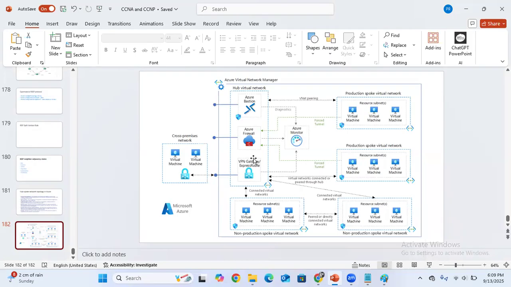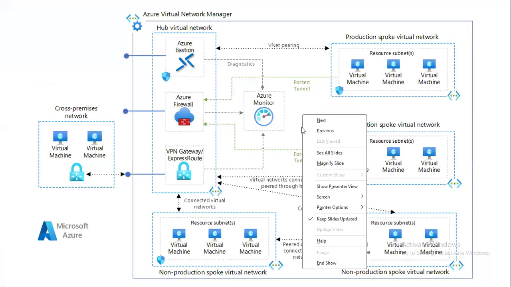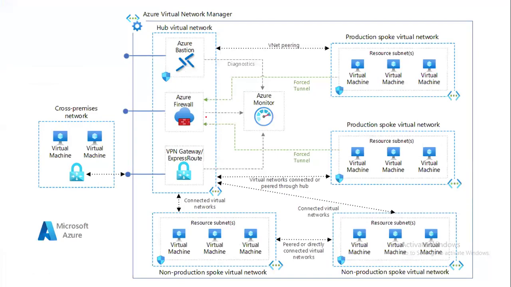Let's come to this diagram. What I have mentioned here is very similar to this one, and this is a very popular concept in Azure networking. You can see this is the hub virtual network, where you can create multiple subnets.